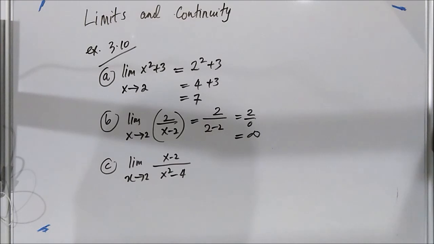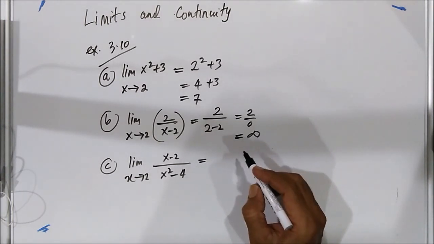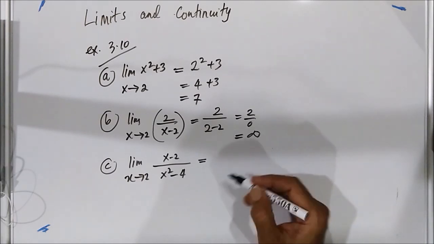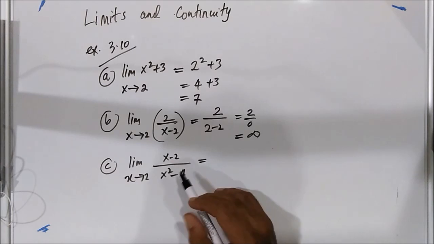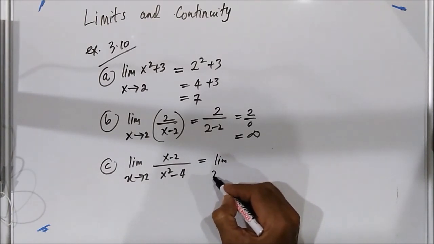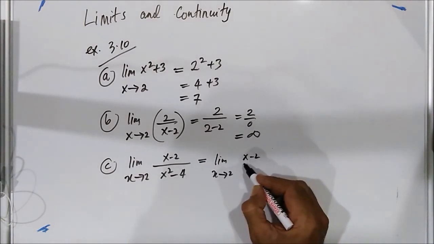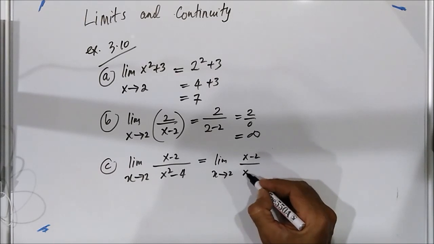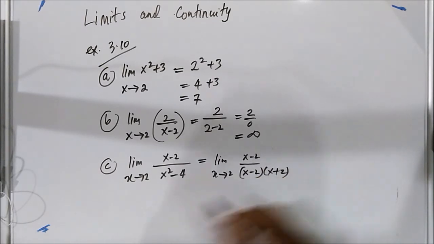Now, if you want to solve this one, this function can be simplified, because x squared minus 4 can be factored. So this can be written as the limit of x minus 2 over (x minus 2) multiplied by (x plus 2).